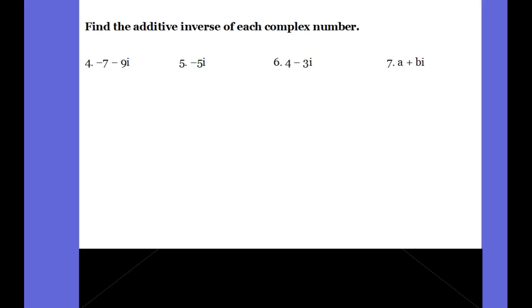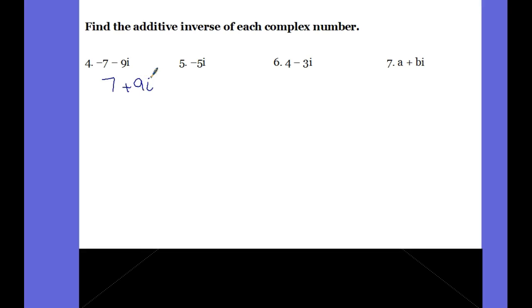Okay? Anybody remember what the definition of an additive inverse is? What's that mean? What do you think? Like the opposite. Yeah, it literally means the opposite. So if it says find the additive inverse of each complex number, we are literally going to find the opposites. So opposite of negative 7 is? Opposite of negative 9I would be?